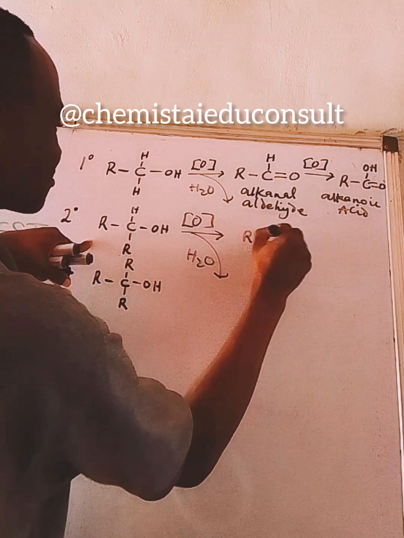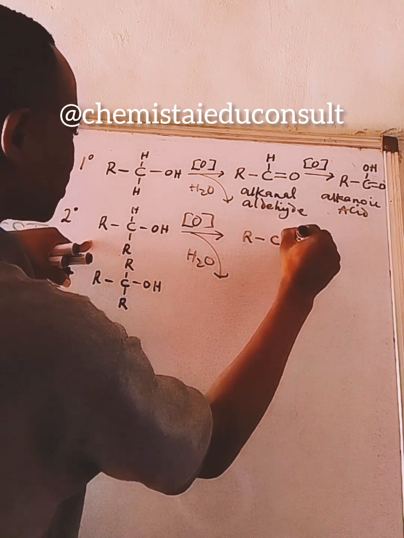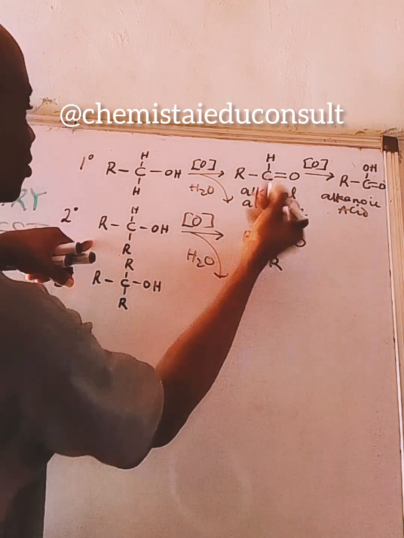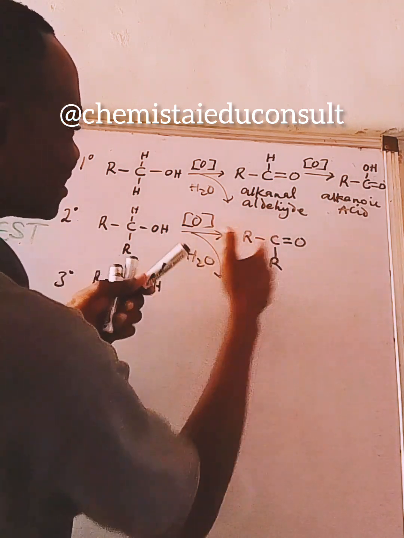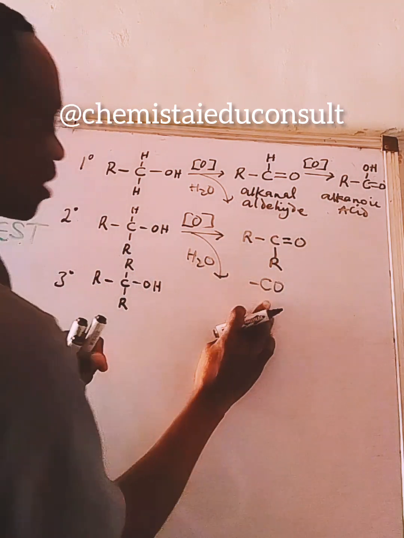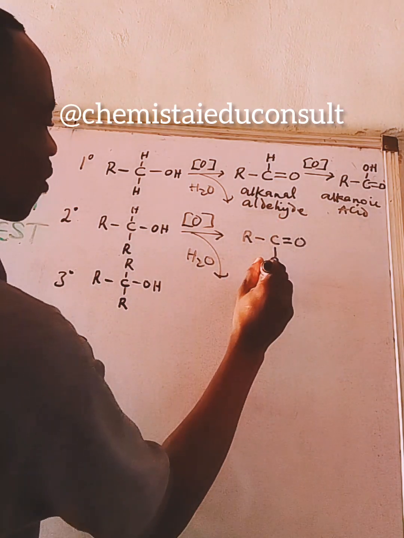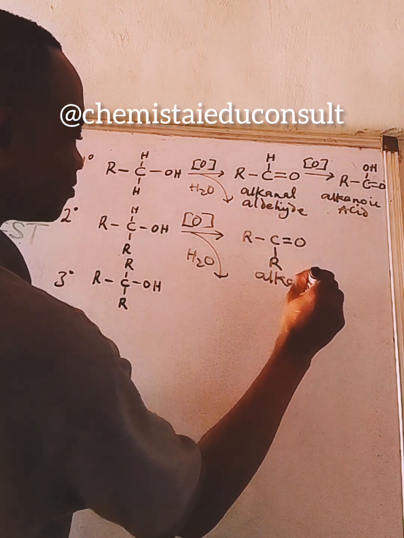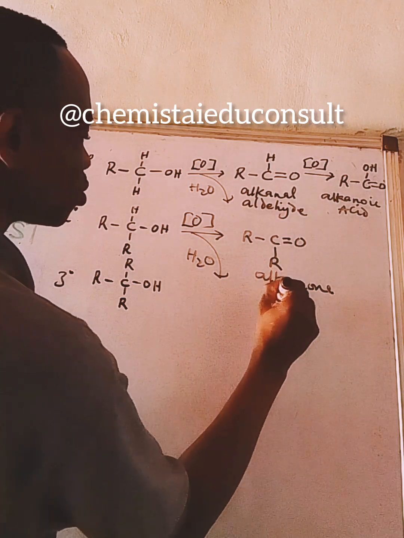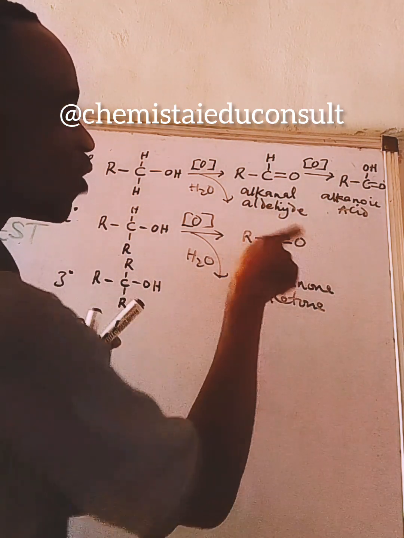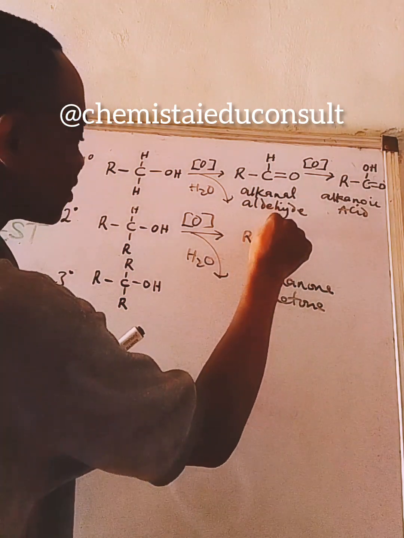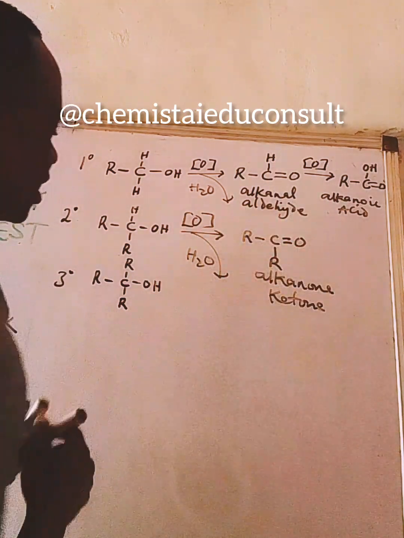And we have R, C, double bond O, and R. If you check this, you will see that there is a CO functional group, which is the functional group for alkanone or ketone. There shall be no further oxidation because this carbon has no hydrogen again.